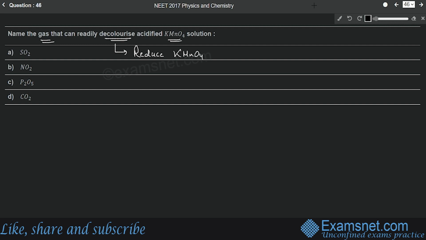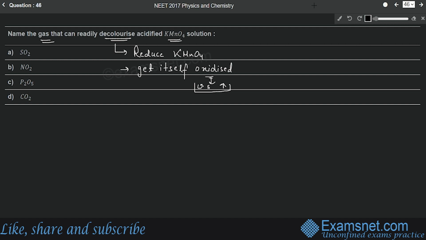And when it reduces the potassium permanganate, it will itself get oxidized. And we know that in case of oxidation, the oxidation state increases, isn't it? That means the oxidation state of the central atom should increase, right?